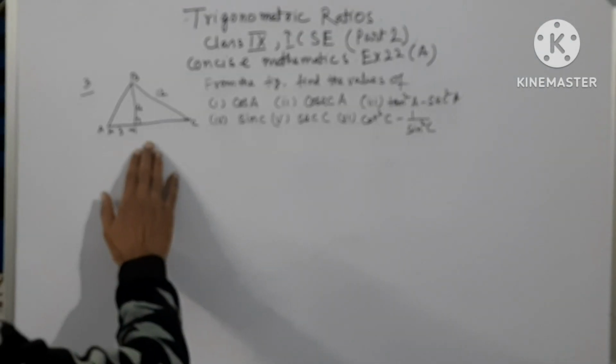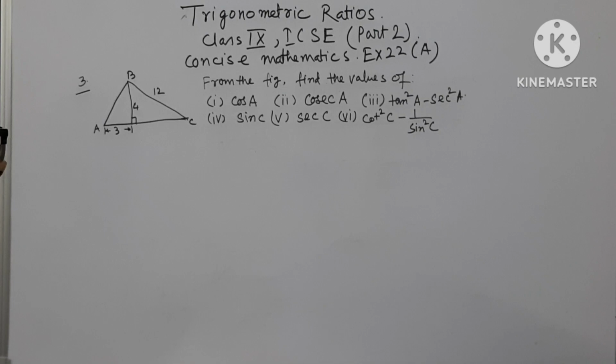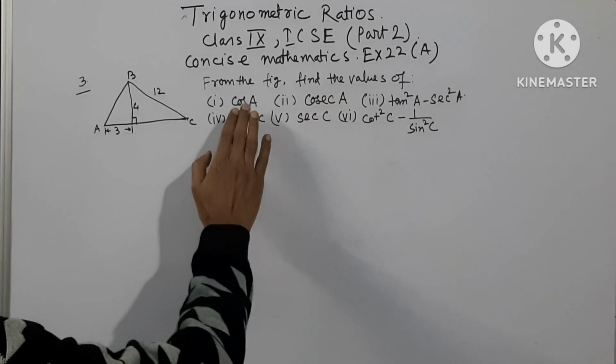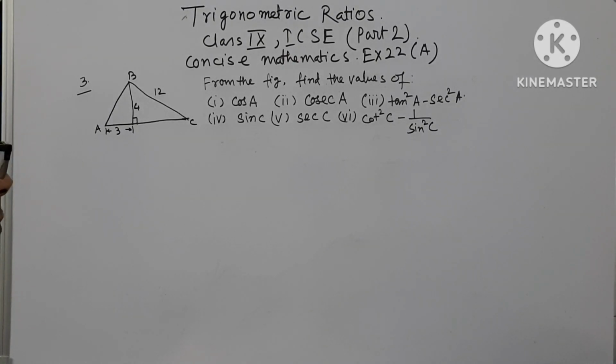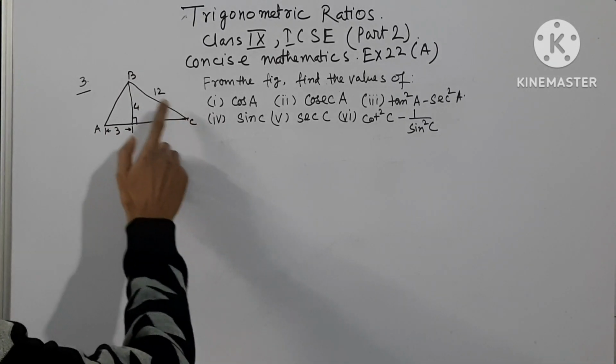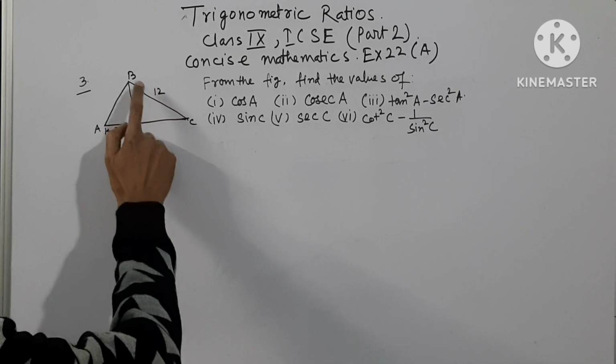This is the figure that is given, and you have been asked to find the values of cos A, cosec A, and tan square A minus sec square A, and we will see these one by one. In ABC, BC is given as 12 units.